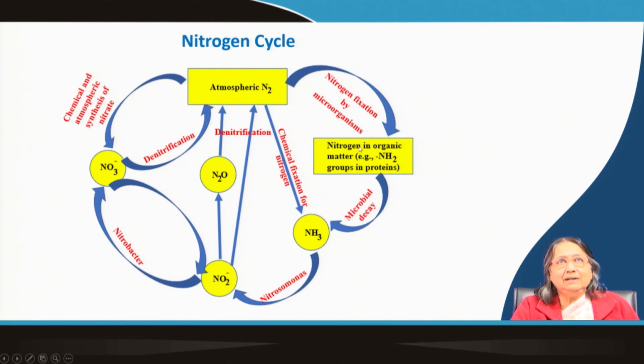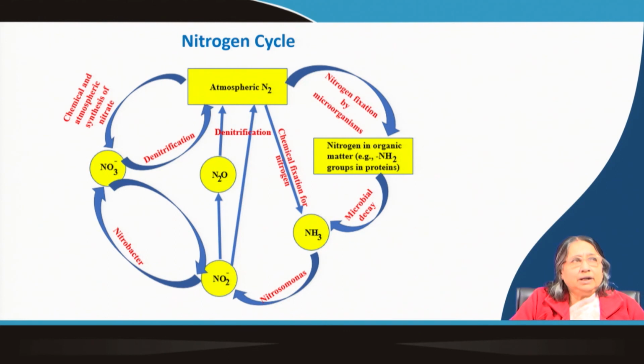Now, here on this side you can see nitrogen fixation by microorganisms, that is biological fixation. You know, sometimes in the villages, in between two main crops we grow peas. Why? Because there are some bacteria present in the roots.